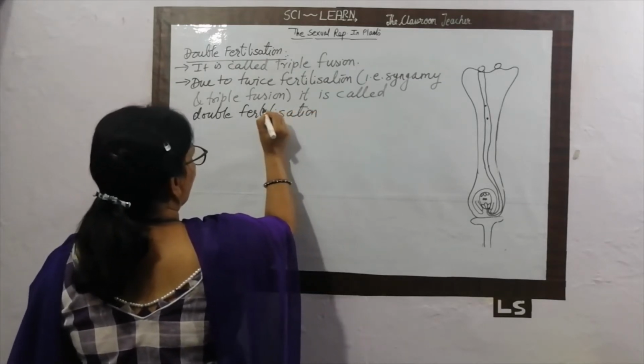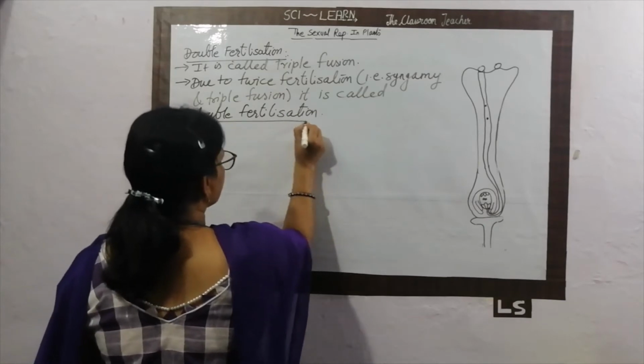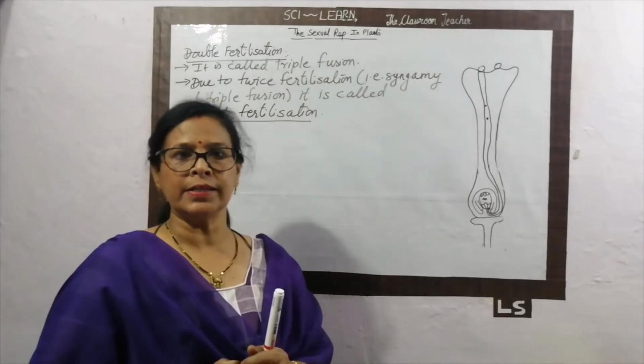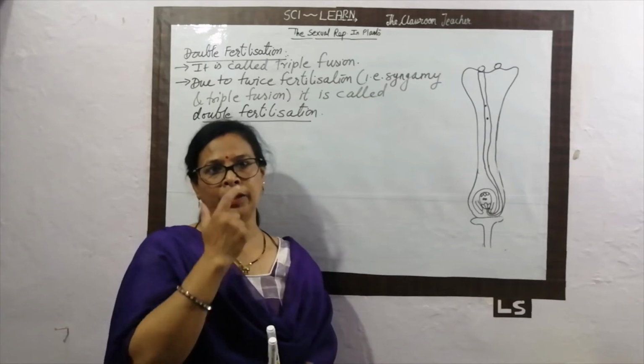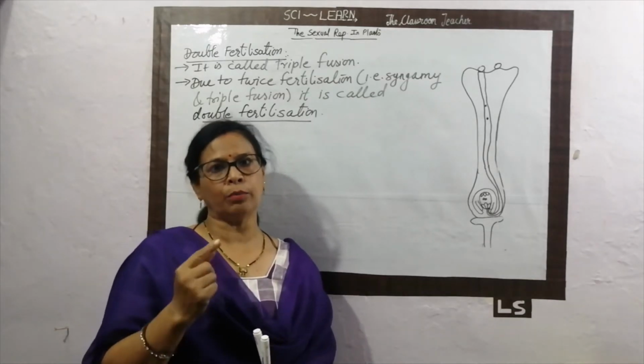So it is clear why it is called double fertilization, because two types of fusion occur here: one by the male nucleus and the female nucleus, and another by the other male nucleus with the polar nuclei.